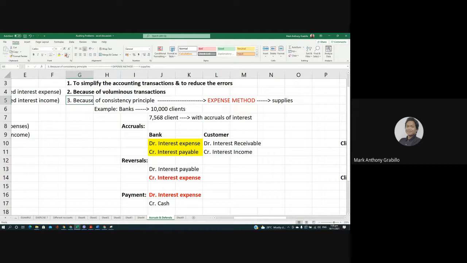So, at the end of the year, he needs to create adjusting entries to reflect the unused portion. So, the reversing entries for consistency principle: you have to reverse the adjustments you made at the end of the year so that you stay consistent with the expense method you follow.